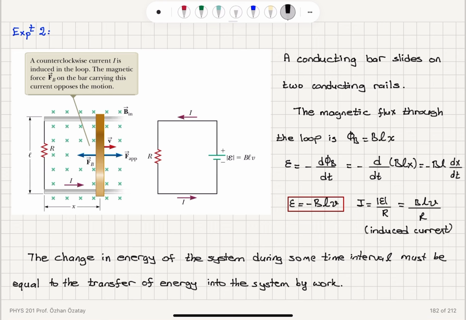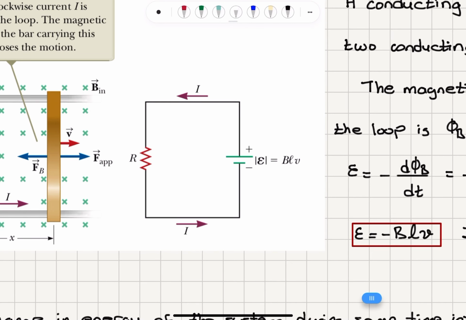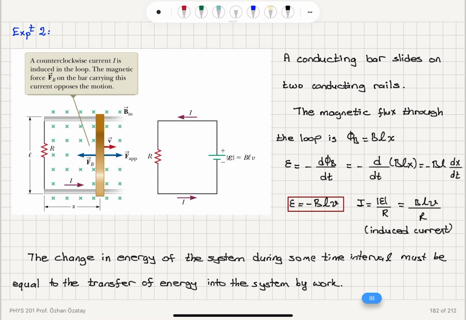This is basically equivalent to the circuit where we have an induced EMF, BLv, giving us a positive potential on top and negative potential at the bottom. The current flows in the counterclockwise direction through this resistance R.